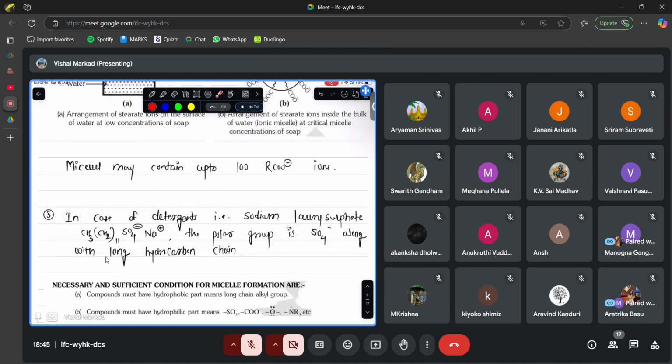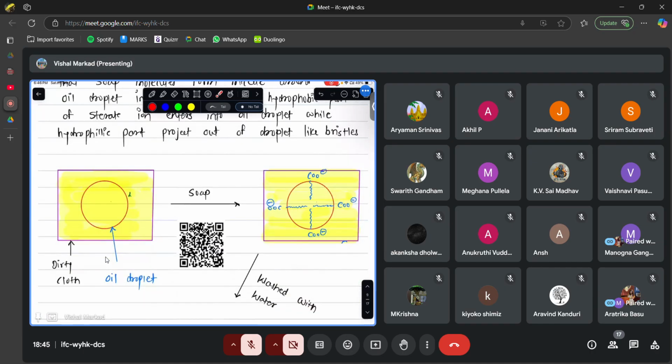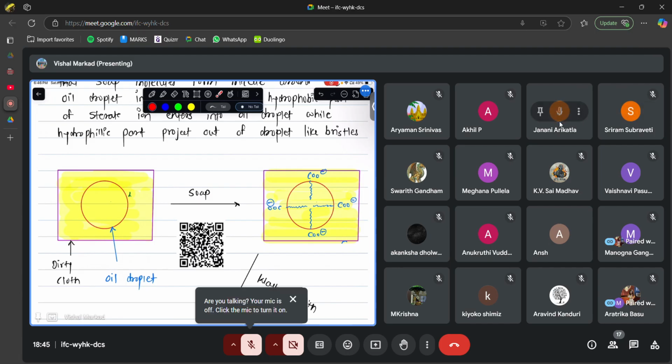Okay. Now look at it. What will happen? Initially, the oil droplet was there on the cloth. Now look at how the hydrophilic and hydrophobic parts arrange themselves. Who is coming towards the surface of the oil droplet, the hydrophilic part or the hydrophobic part? Hydrophilic.